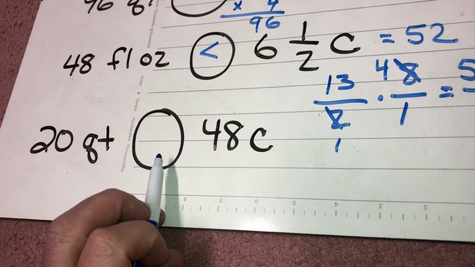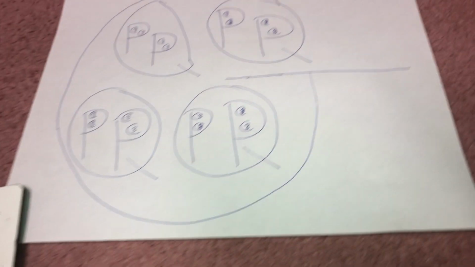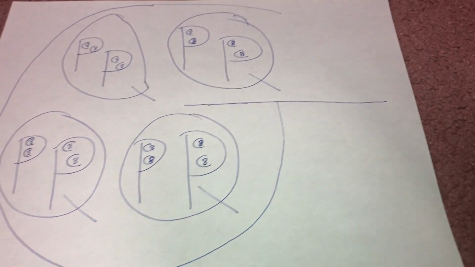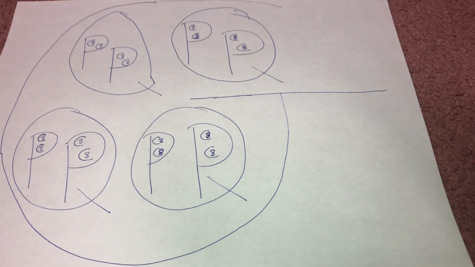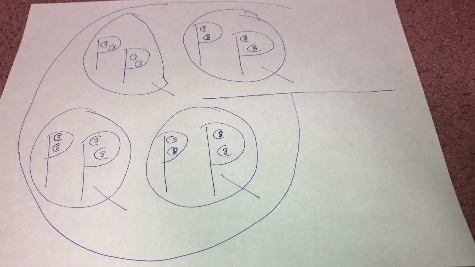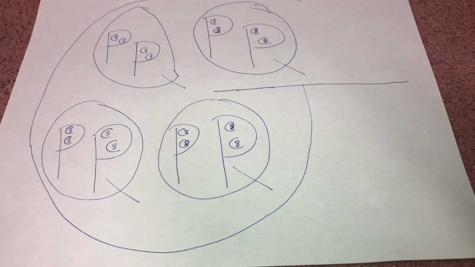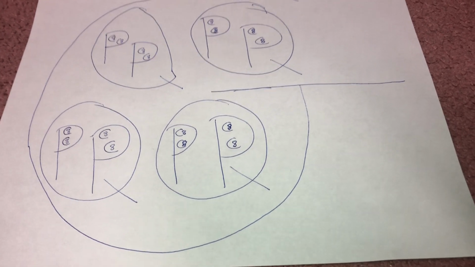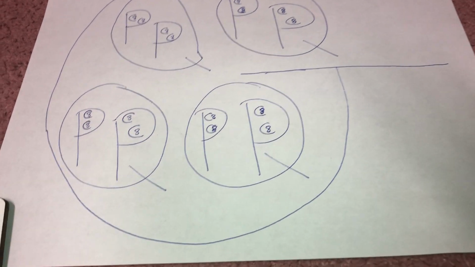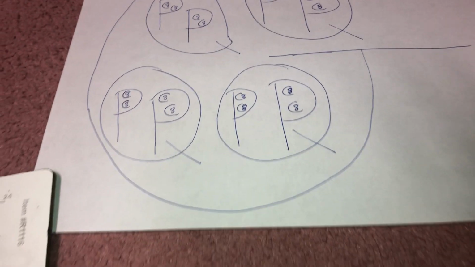20 quarts and 48 cups. Well, as we see here again, inside a quart, I have 4 cups. It takes 4 cups to make a quart. Now, if I'm going to take 20 quarts and I want to turn that into cups, I can multiply by 4 because the measurement is getting smaller, the number's getting bigger, and there are 4 cups in a quart.